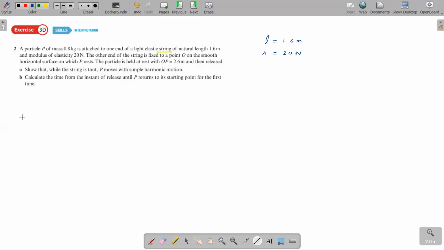Guys, can you see how the diagram looks? So you have the other end of the string fixed to this point O. From point O, you are going to draw the string.